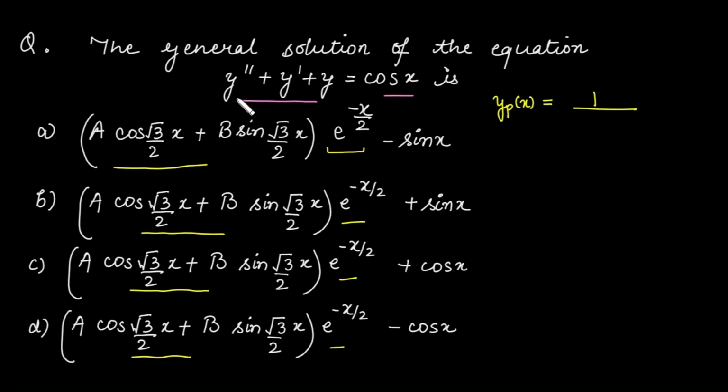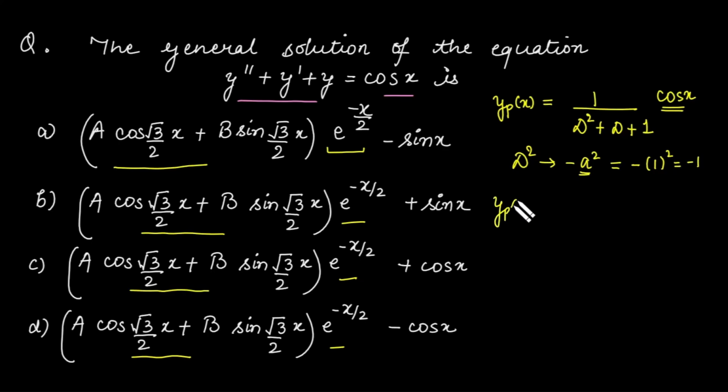This is a second order derivative, so D square, plus first order derivative D, plus no derivative, and y is replaced by 1, equal to cos of x. In case of cos, we replace D square by minus a square, where a is the coefficient of x. What is the coefficient of x? That is 1. So we can write minus 1 square, that is minus 1.